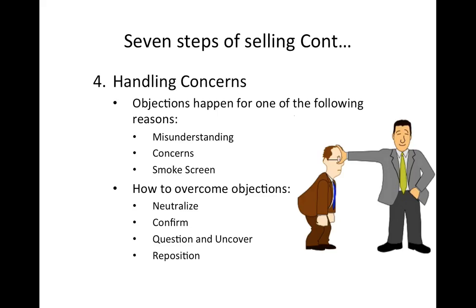When you do that, you go right into the final step, which is ask for the sale. One more time, ask for the sale. When you follow all the steps and you ask for the sale, that will eliminate all the pressure points, and then hopefully you will overcome that objection and close that deal.